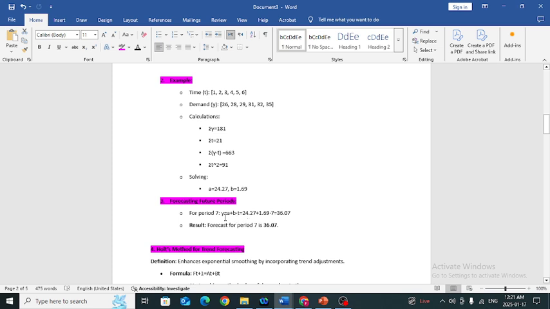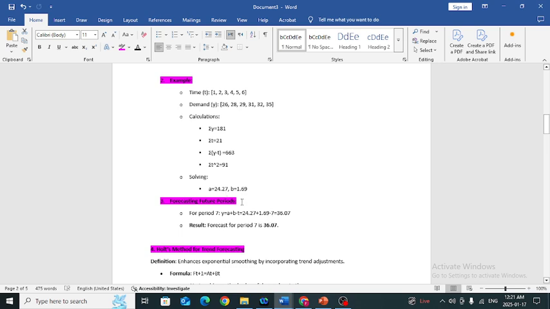So according to this data that we solved, a is equal to 24.27 plus b, which is equal to 1.69.